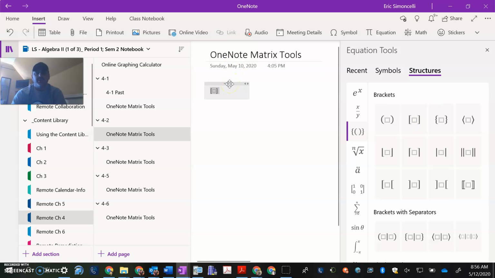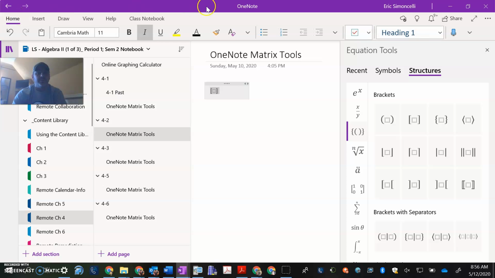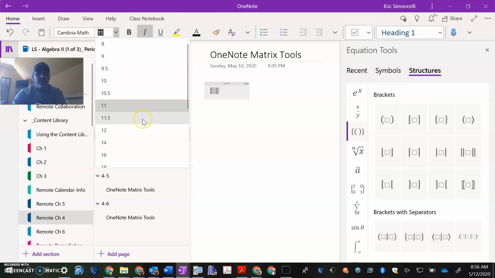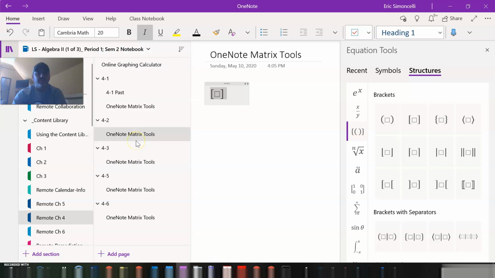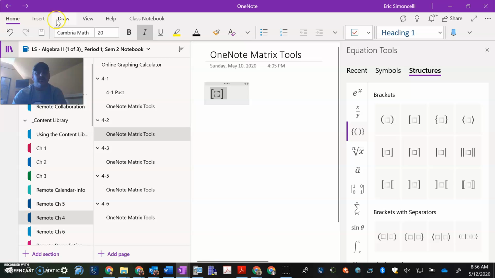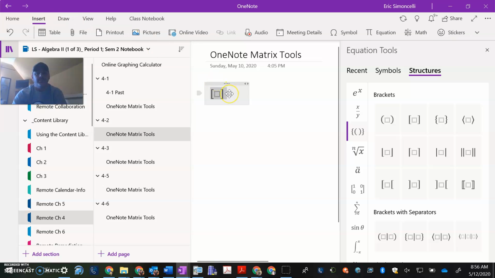Sometimes these are a bit small to start with. You can also zoom in to make it easier on yourself, or you can just make it bigger, which I'll do right here. I think 20 is usually pretty safe. And then I'll hit insert again, and then plus.